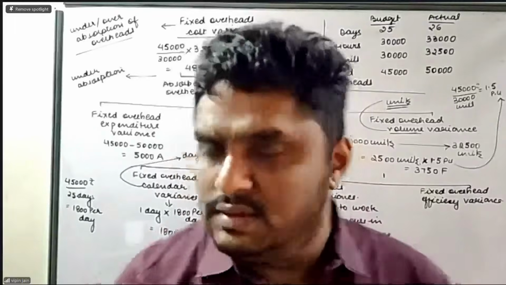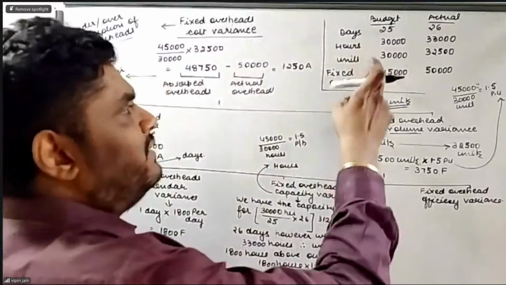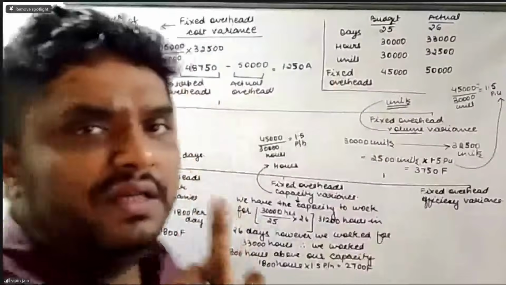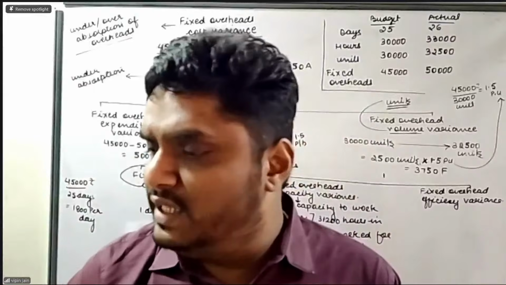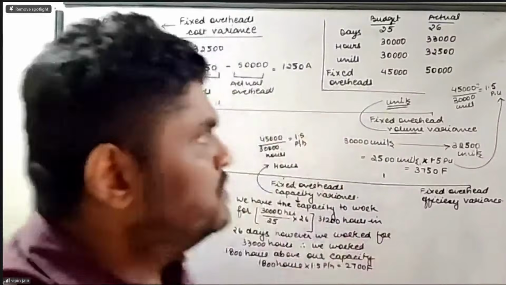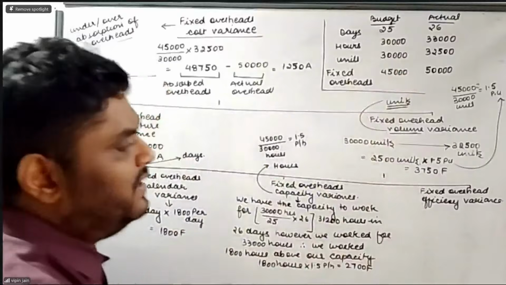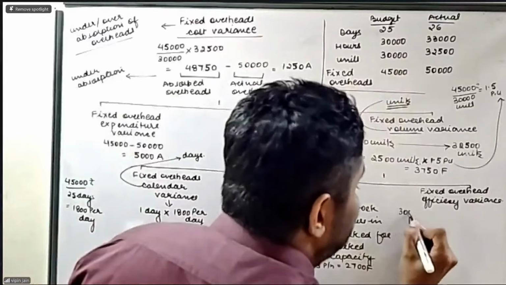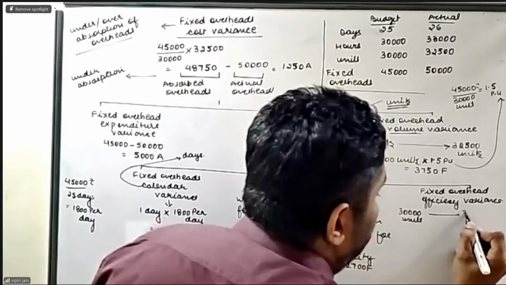So let's start with this part. See, the company has given a target that 30,000 units should be manufactured in 30,000 hours. After calculating efficiency, I think you guys will be thorough. This was the target set by the company.